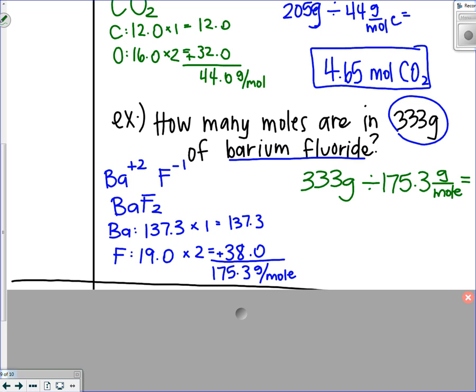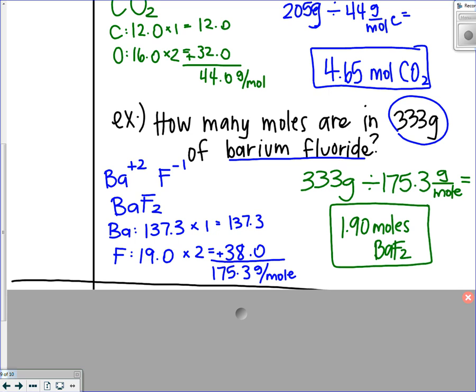And when we plug that into a calculator, we get 1.8996. So we're just going to round that up to 1.90 moles of barium fluoride. So now you know how to convert from mass to moles and convert from moles back to mass.